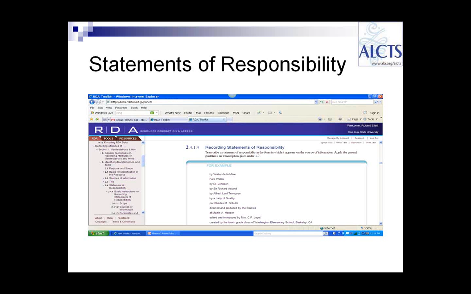So let's look at some of the areas that are most changed with RDA. One of the areas is the recording of statements of responsibility.